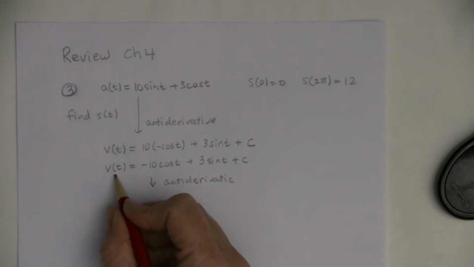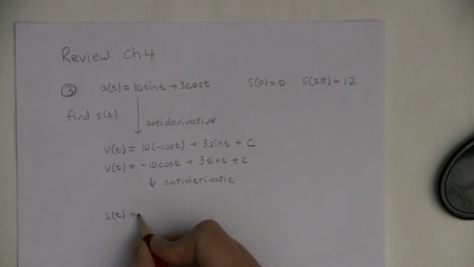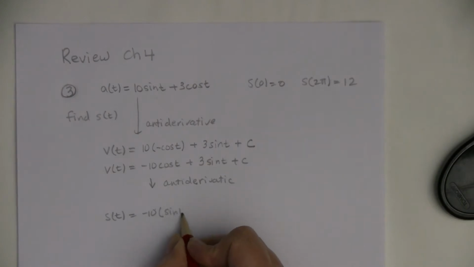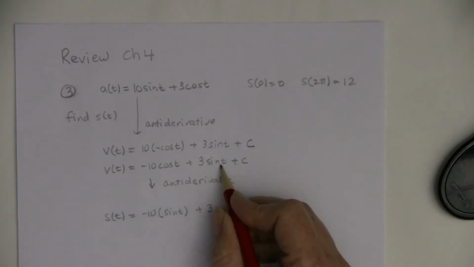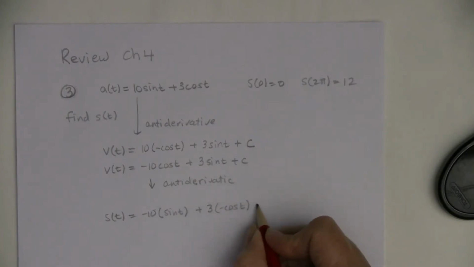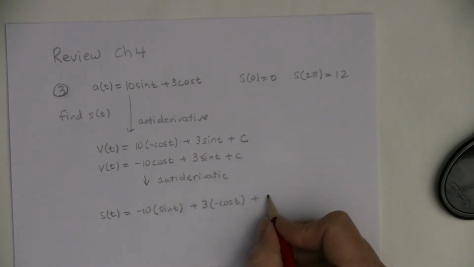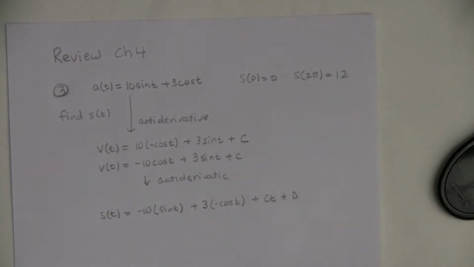So the antiderivative of v is s, and the negative 10 would hold still, and the antiderivative of the cosine is the sine, plus the 3 would hold still, and the antiderivative of the sine is negative cosine of t. The antiderivative of c is c times t. That's a constant right there, so c times t, plus a new constant d.